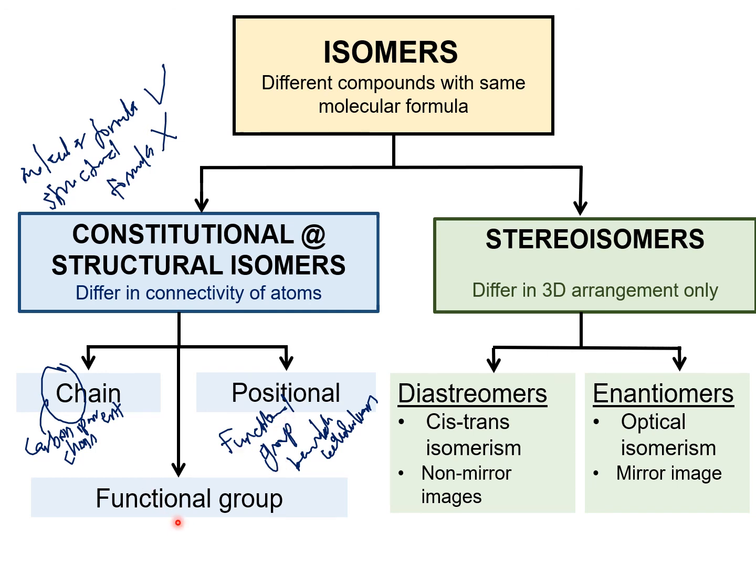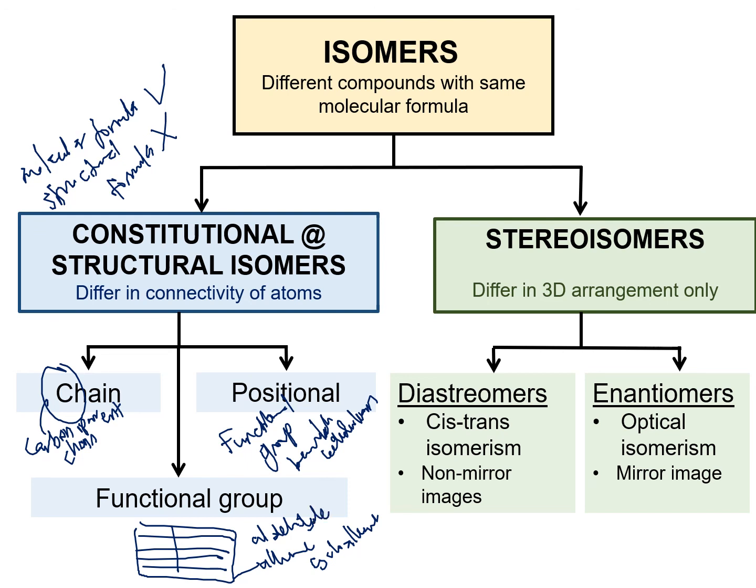Kalau functional group isomers pula, this one you kena remember lah, table yang ada bagi dekat functional group isomers tu. Kalau let's say alkene, you nak buat functional group isomers, pasangan dia ialah cycloalkene. Kalau aldehyde dengan ketone. Okay, itu something yang you need to remember.